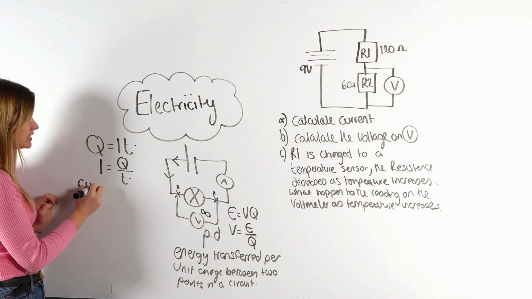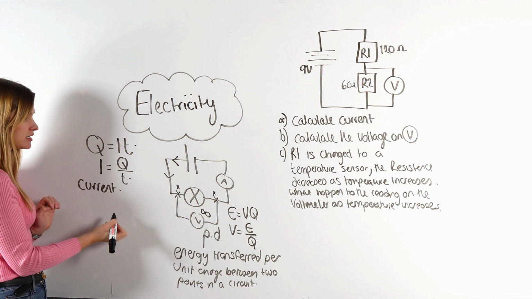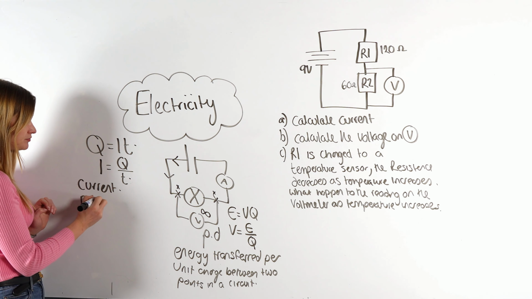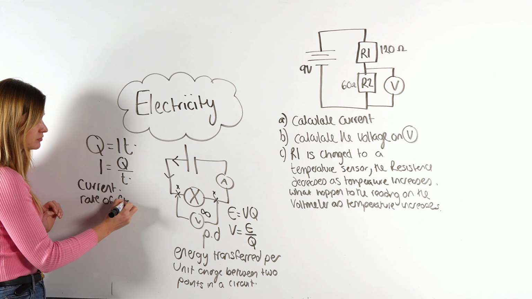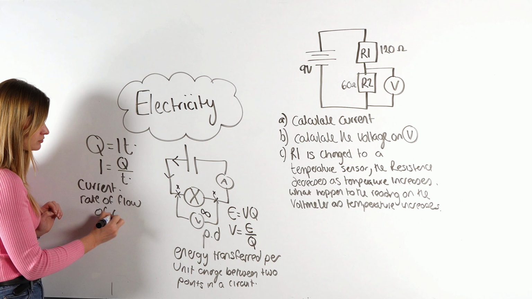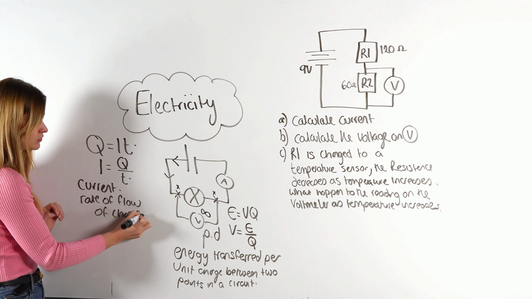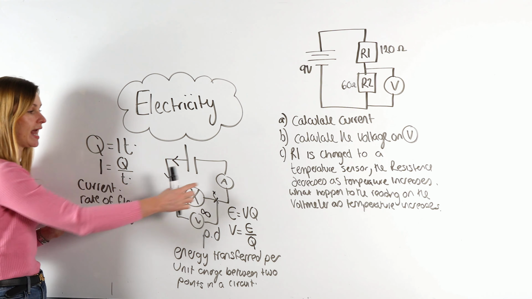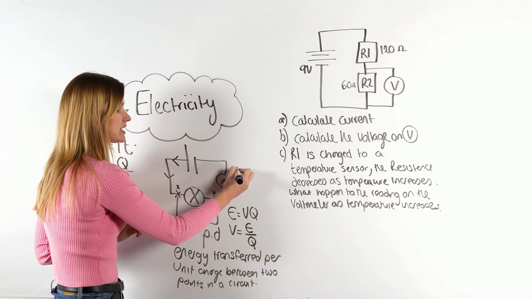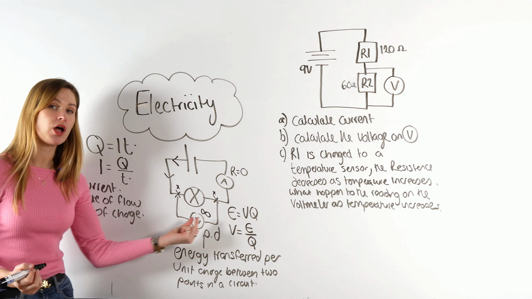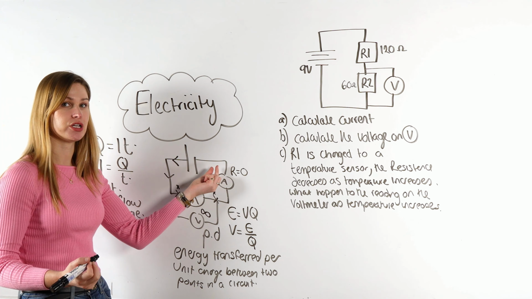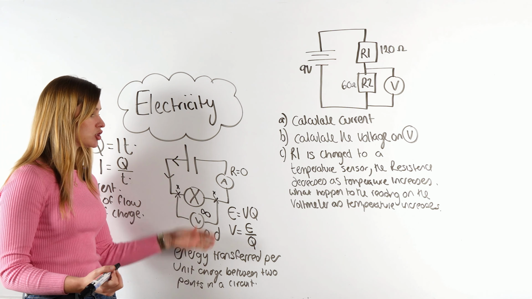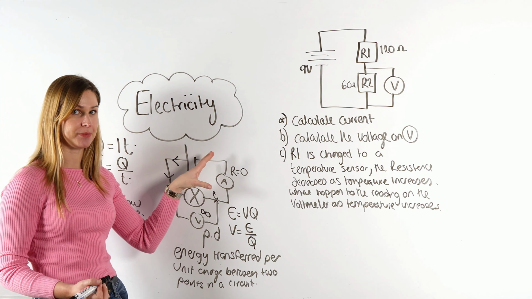The definition for a current is the rate of flow of charge. And an ammeter technically has a resistance of always 0, because we don't want the electrons to lose any energy going through it. We don't want a unit charge to transfer any energy on going through that ammeter.